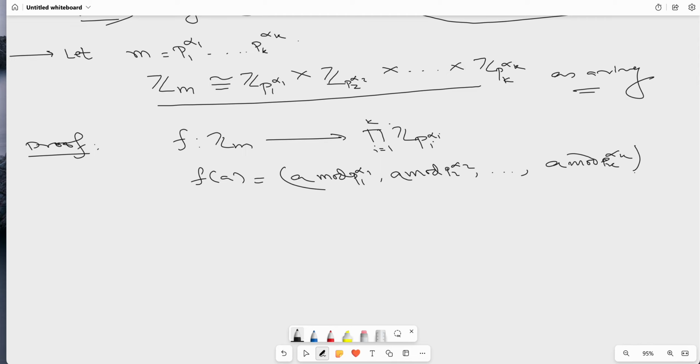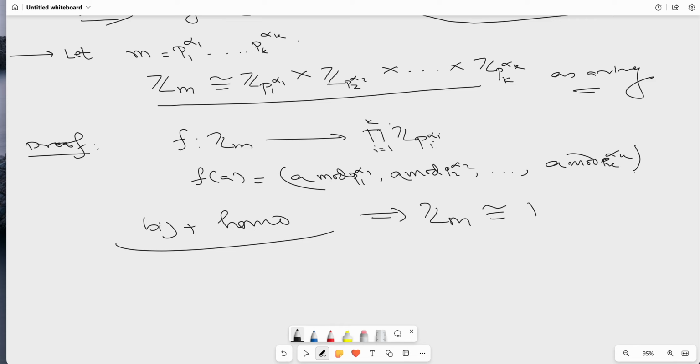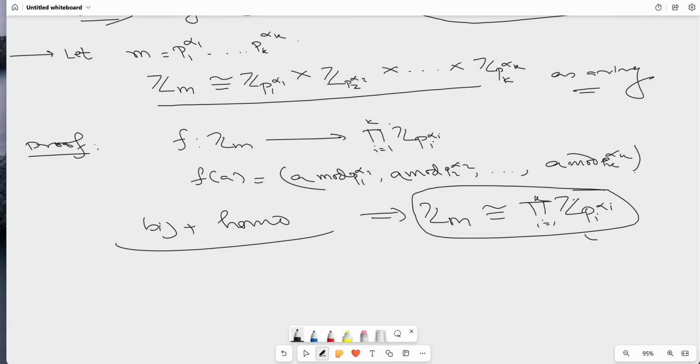So you can verify this map is one-one, a bijective homomorphism. This means that Zm is isomorphic to the product of Z(pi to the power alpha i), i from 1 to k, and this is nothing but this quantity.